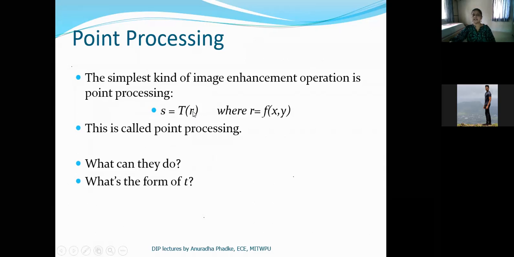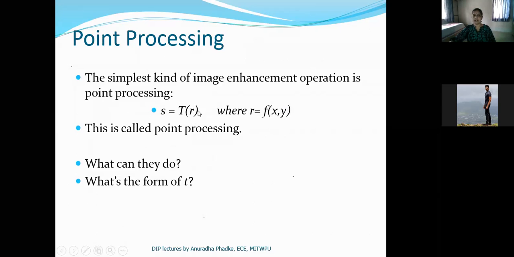So r is your original pixel value. r is given by f(x,y), where x and y represent the x and y coordinates of the image, and f(x,y) is nothing but the intensity value or gray value of the pixel at location (x,y). So r is the pixel value at location (x,y) in the given image.